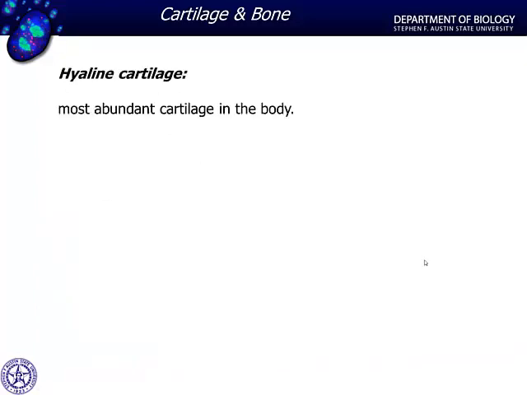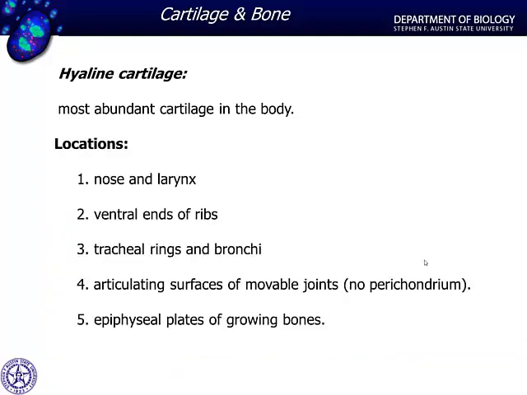So first, hyaline cartilage, the most abundant cartilage we have in the body. It's all over. Our nose and larynx, ventral ends of our ribs, the tracheal rings in our airway, and even our bronchial rings are supported by hyaline cartilage. Many of our movable joints, like our knees especially, but also our elbows, are going to have these articular surfaces.